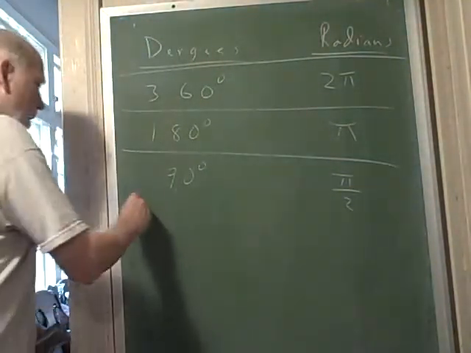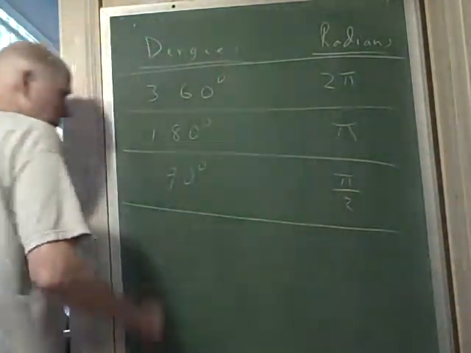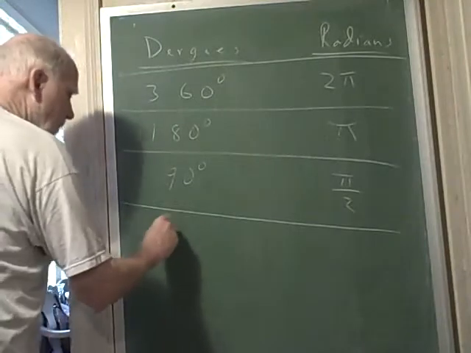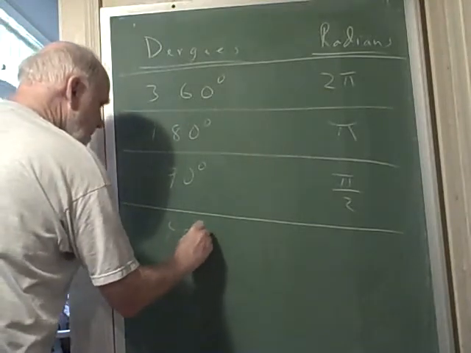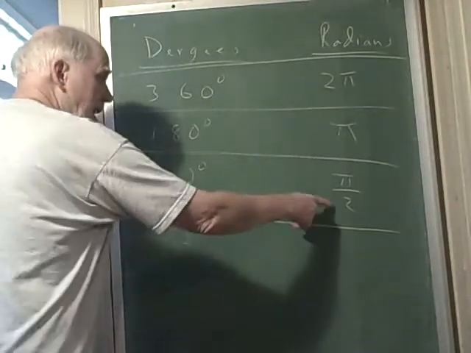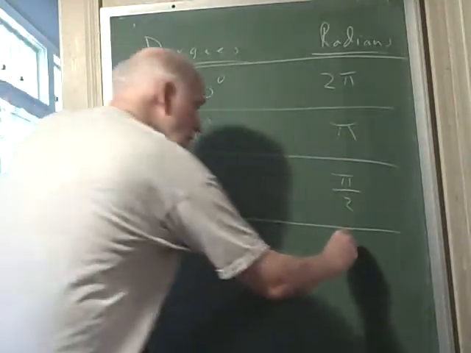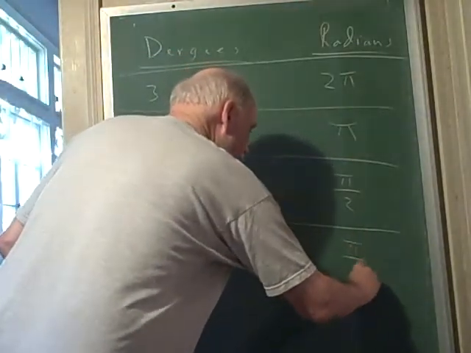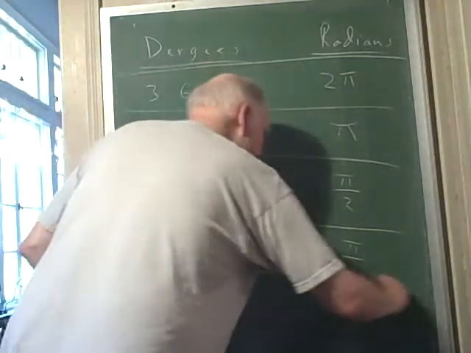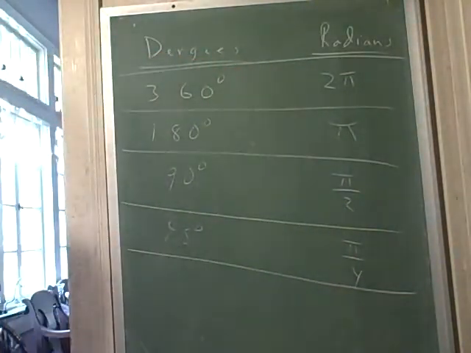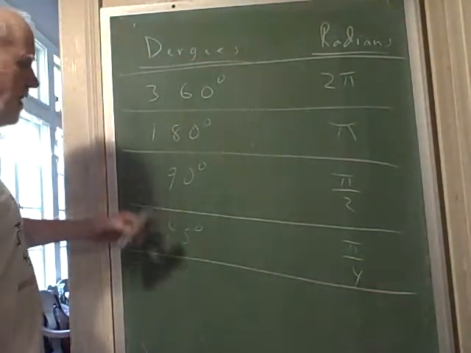Now, if I take half of 90, I get 45 degrees. And that's half again, so 1/2 times pi over 2 is pi over 4. I hope I don't get out of view. And if I keep going with this, I can get some other angles.